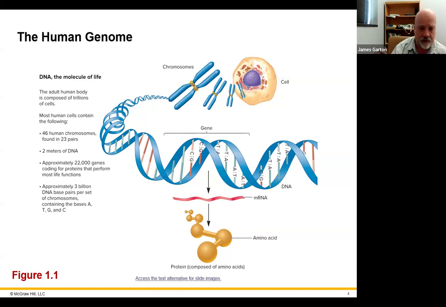There's 22 pairs of chromosomes and one pair of sex chromosomes. The sex chromosomes X and Y are not the same thing. And there are only 4 bases that make up DNA. They're adenine, thymine, guanine, and cytosine.